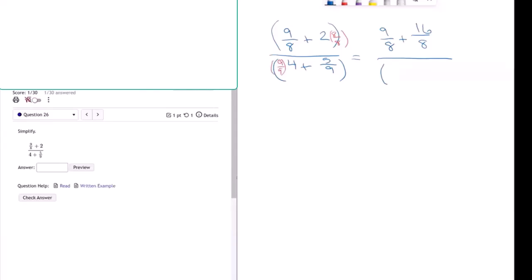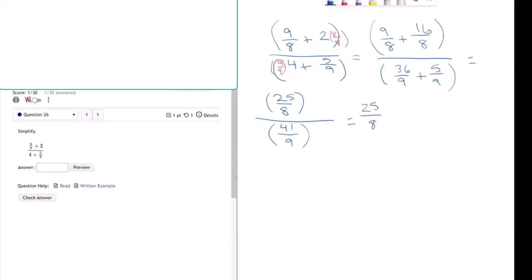What do I get? I get 36 divided by 9 plus 5/9, which equals 25/8 divided by 41/9.